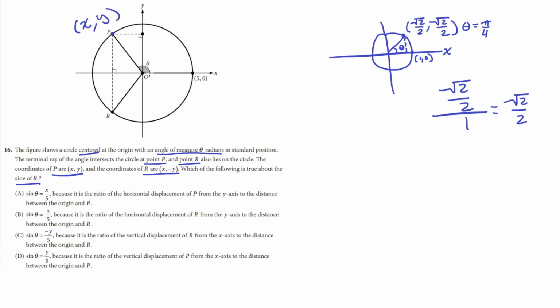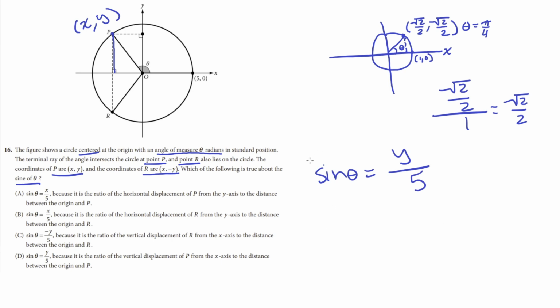So to find the measure of sine theta, we need its vertical displacement from the x-axis, like we did in the normal unit circle. So that would be this distance here, which is just equal to the y value. So sine theta is equal to the y value, divided by the length of the hypotenuse, or the radius of the circle, and that's just 5.